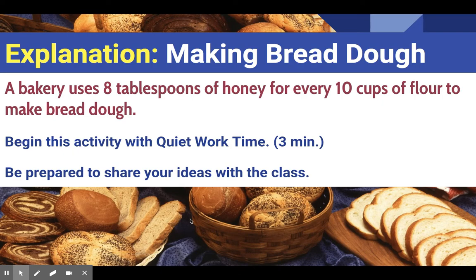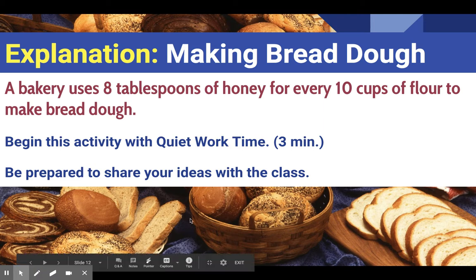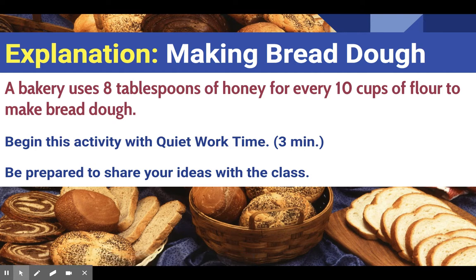Now, it's time for our explanation activity. So now we're going to go back to our student companion and also jot down some more information. So our explanation activity is making bread dough, okay? So this problem says a bakery uses 8 tablespoons of honey for every 10 cups of flour to make bread dough.